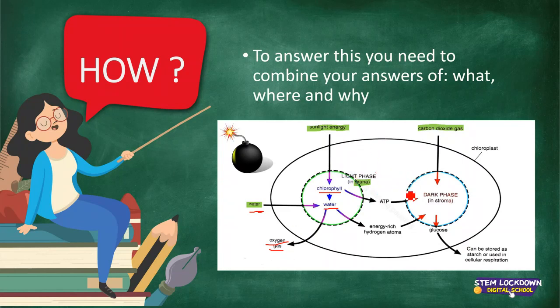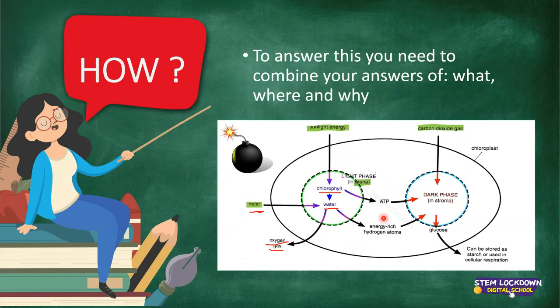While these reactions are taking place here, ATP is released. Guys, I will explain ATP in our next lesson, because then we'll have time. And then energy-rich hydrogen atoms are also released through this reaction in the grana.